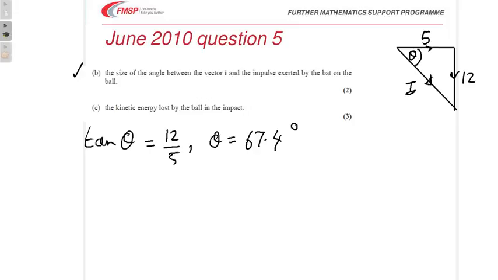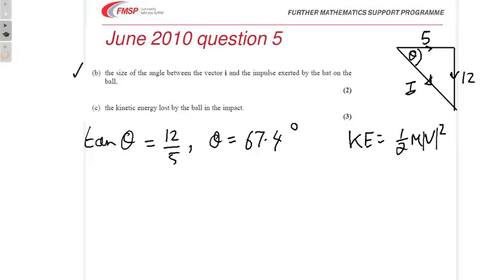Last part, kinetic energy lost. So kinetic energy is a half mv squared. So if you've got the velocities in vector form, you've got to work out v squared, which means the magnitude of the velocity squared.